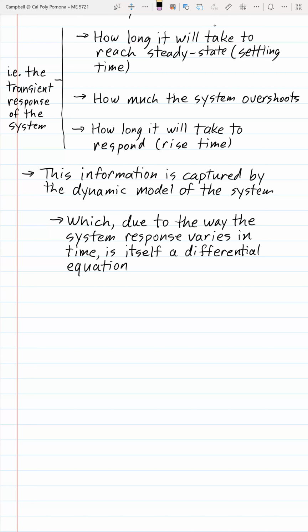And so it turns out that differential equations are really the most efficient approach, and a very powerful approach, associated with describing the dynamic behavior of these systems.